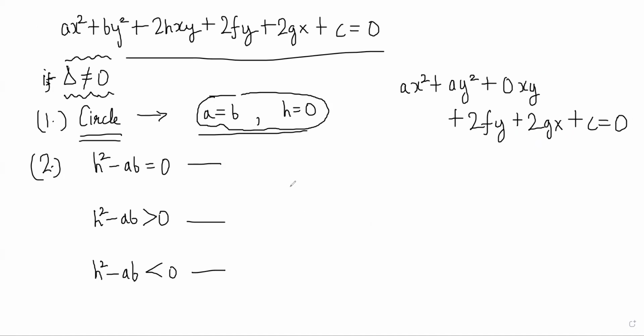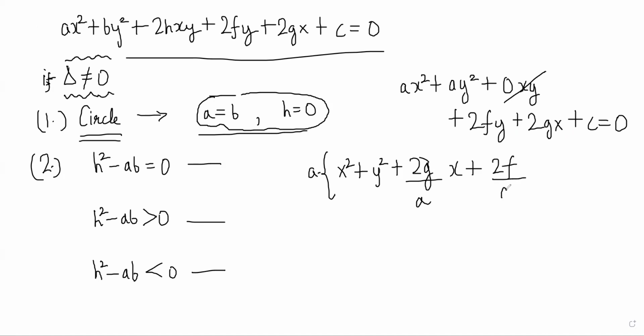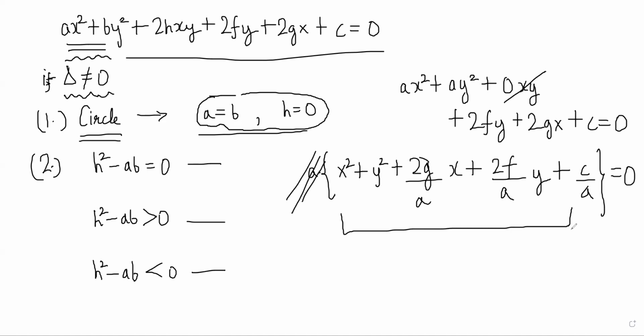This term vanishes and we can take a common: x square plus y square plus 2g by a x plus 2f by a y plus c by a equals 0. A is obviously not 0, because if a is 0, the equation is not second degree, so we can cancel this factor out.